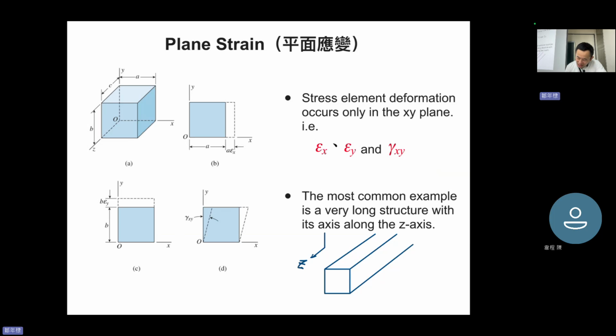So any displacement in Z is tiny compared to its original shape. So no epsilon Z. Imagine a super long material in the Z direction, so a small change in displacement in Z gives a tiny epsilon Z, because it is divided by the original length.